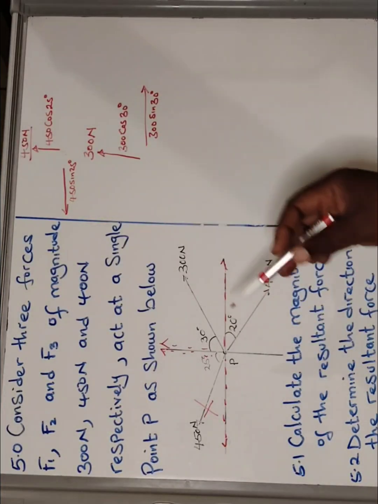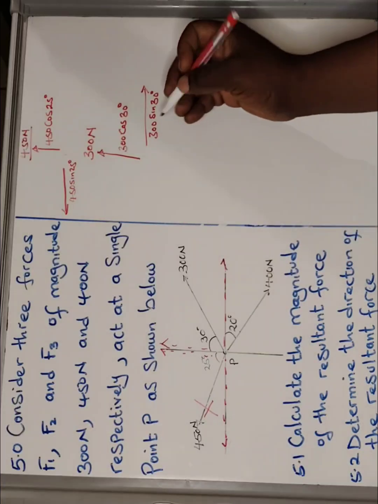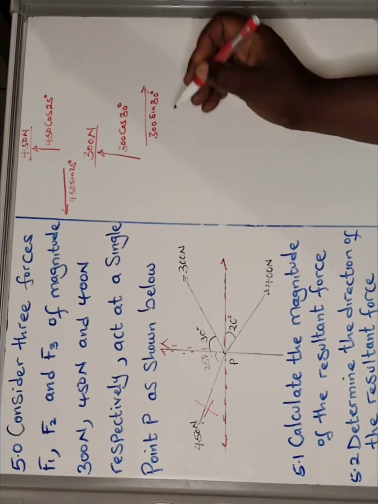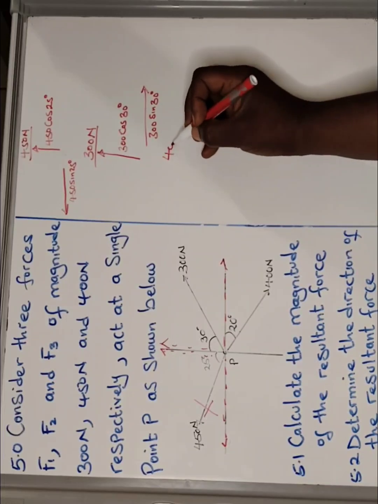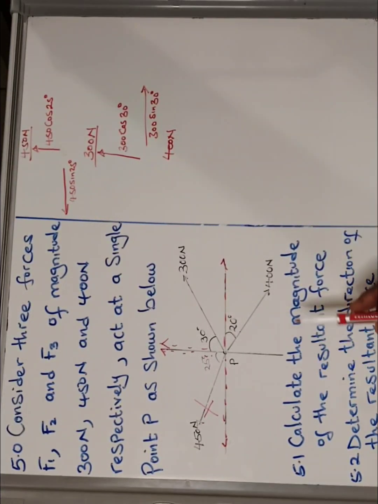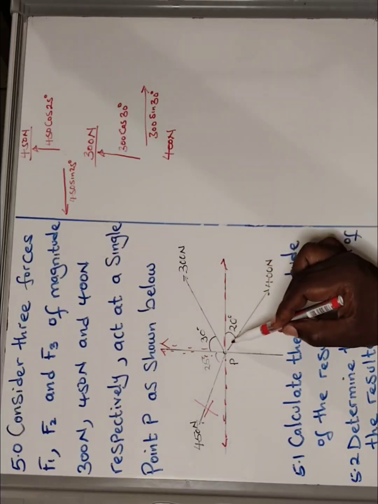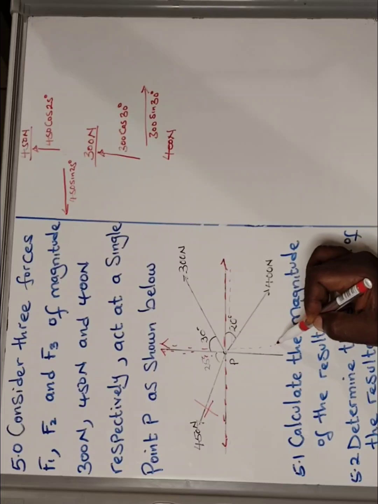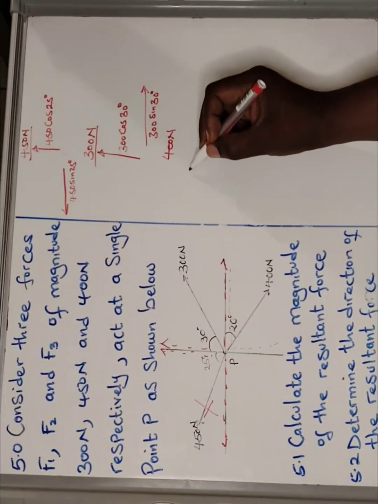What else do we do? We go to the next one, which is 400 newtons. It's acting here. It has a component here and a component here. Let's start with this one.